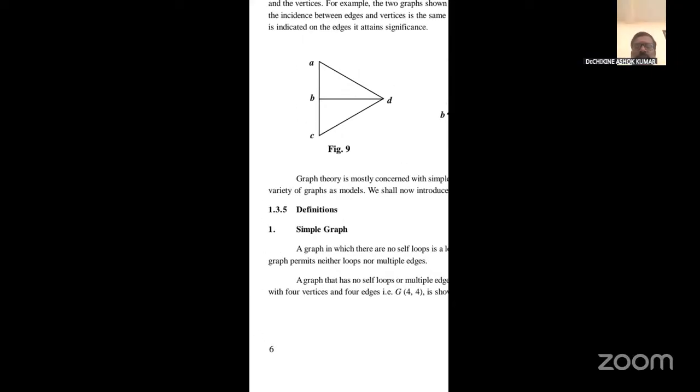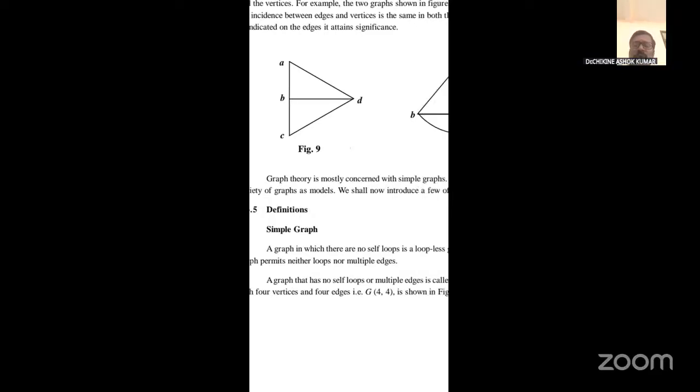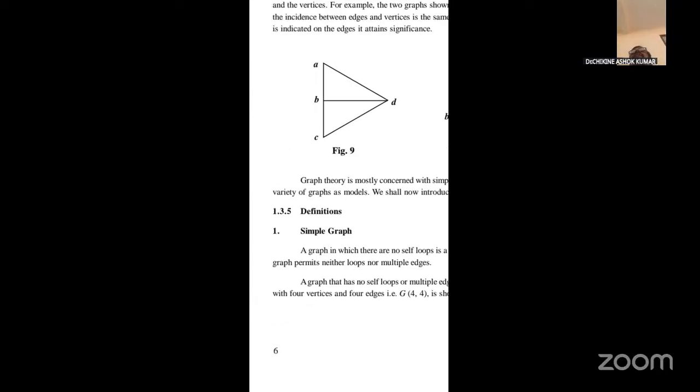Come to the examples. A graph that has no self loops or multiple edges is called a simple graph. Just remember this one definition: a simple graph simply does not have any self loops.